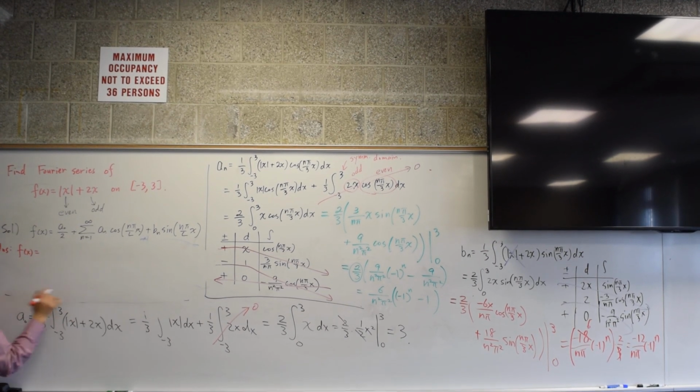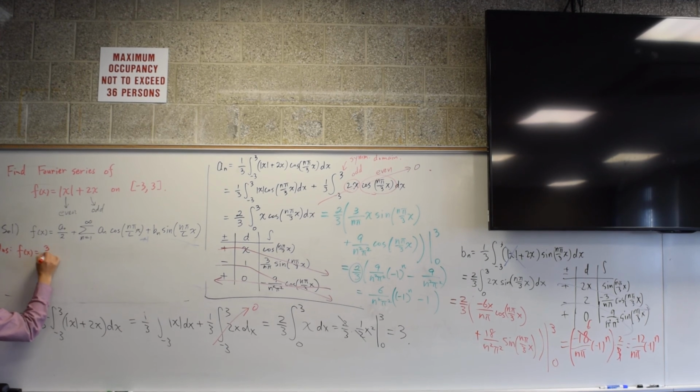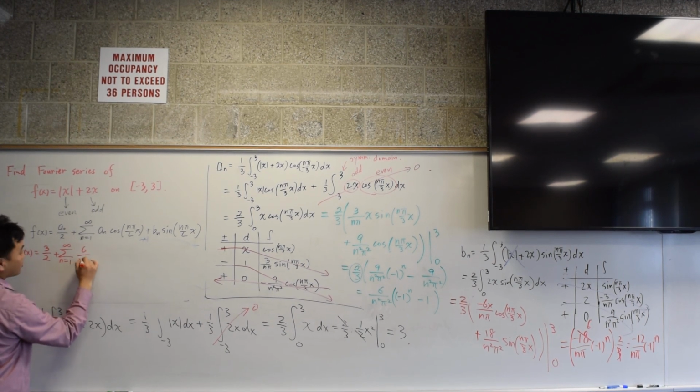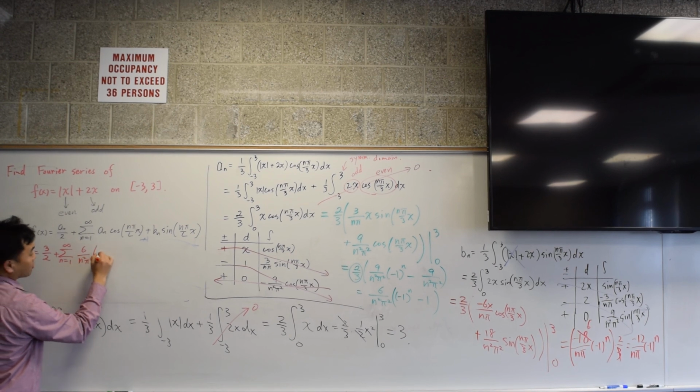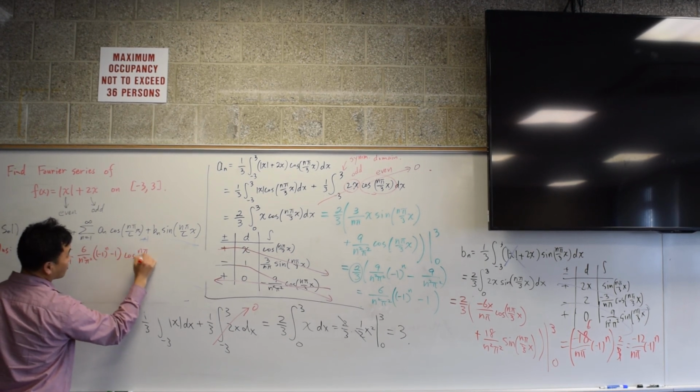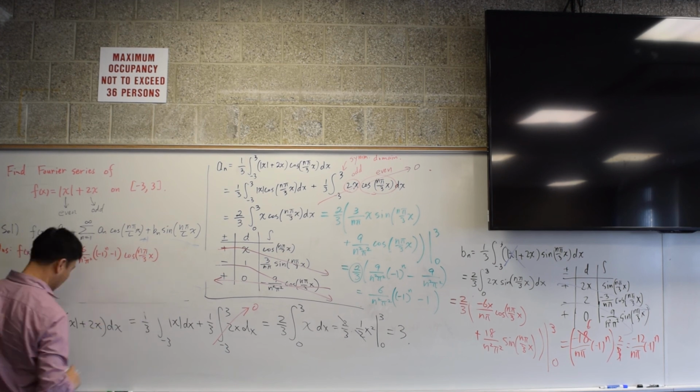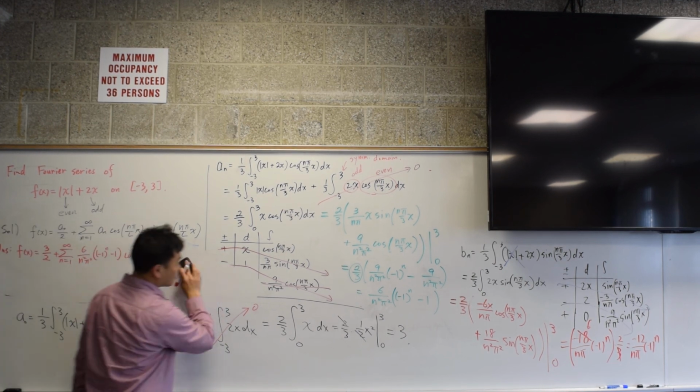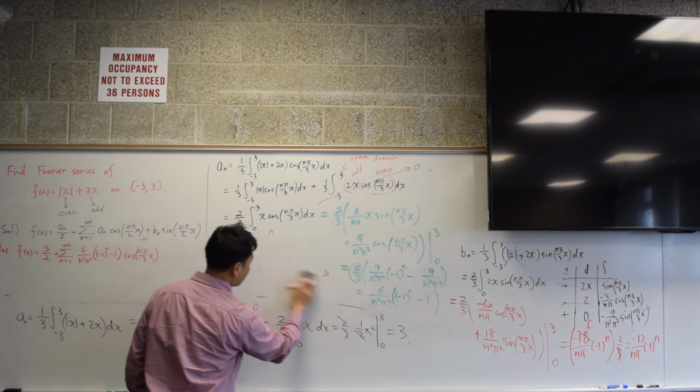A0 is? We got 3, so it's 3 over 2, plus the sum from n equals 1 through infinity. What do we get for An? It's 6 over n squared pi squared times negative 1 to the nth power minus 1, times cosine n pi over 3 x.